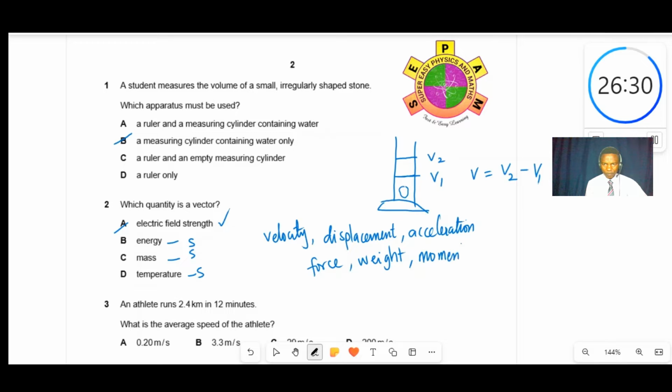All these are vector quantities. When we talk about a vector quantity, we are talking about a quantity that has magnitude and direction.